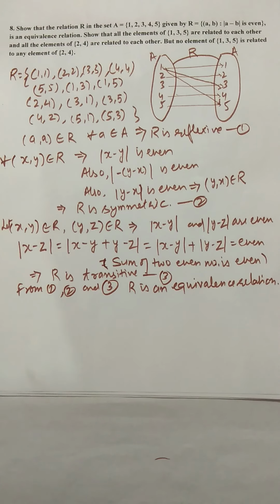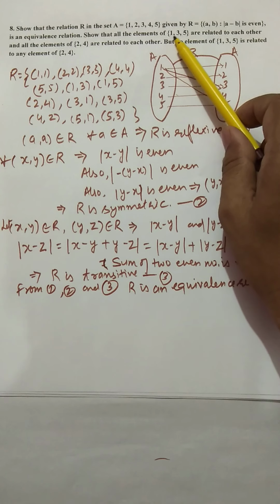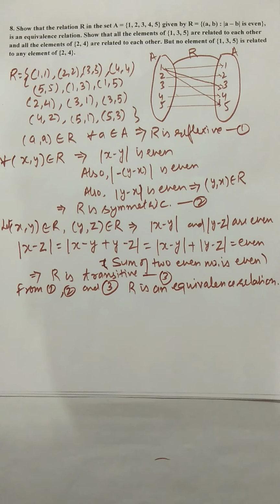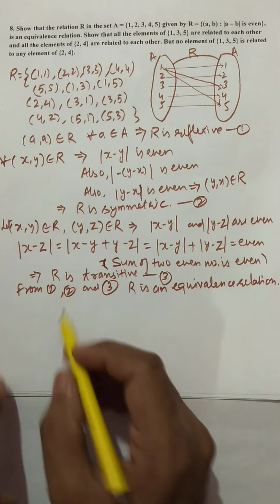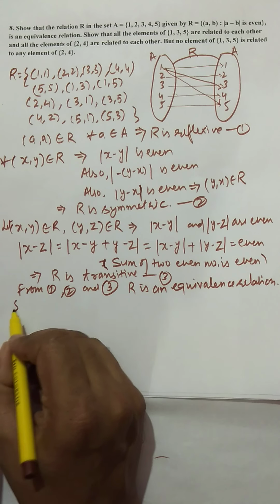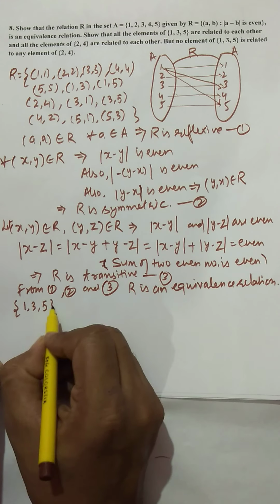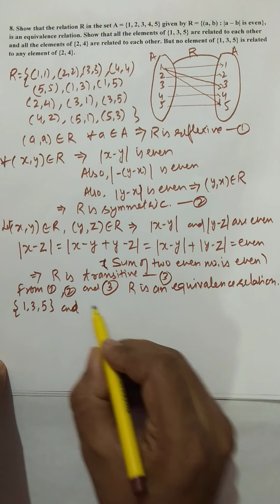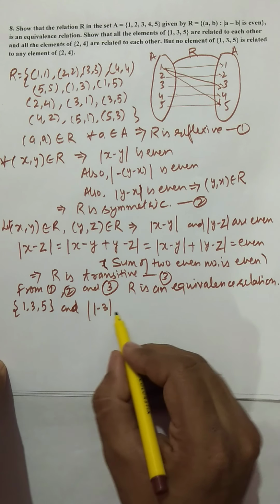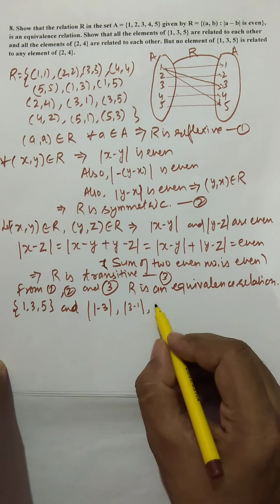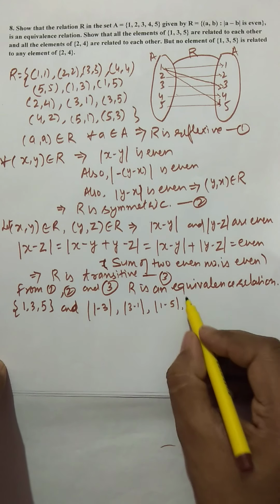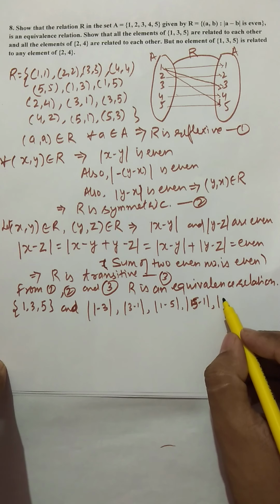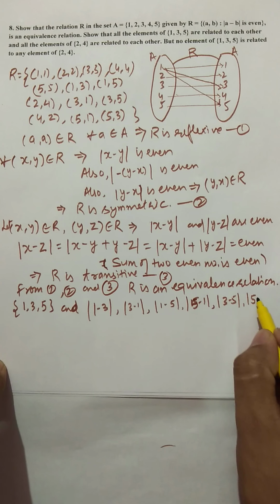Now next we have to show that all the elements 1, 3, 5 are related to each other, and all the elements of 2, 4 are related to each other. It simply means, related to each other means, 1, 3, 5 you take. So this is the set, and you can see that 1 minus 3, 3 minus 1, 1 minus 5, 5 minus 1, then 3 minus 5, 5 minus 3.